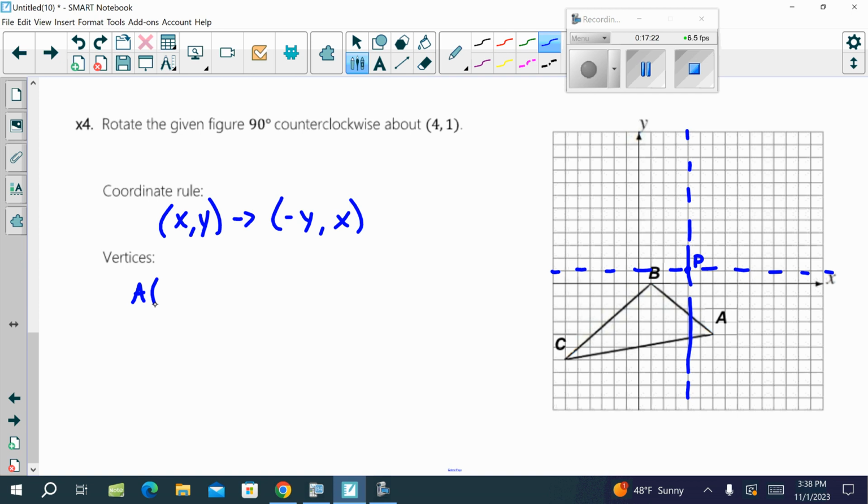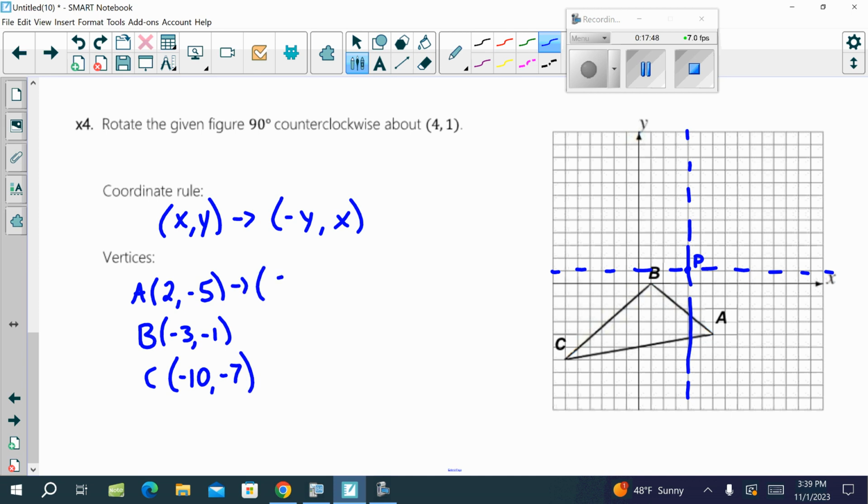So A is at, according to the new origin, 2, -1, 2, 3, 4, 5. B is at -3, -1. C is at -10, -7. And then you apply the rule.